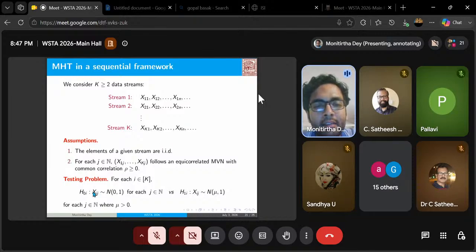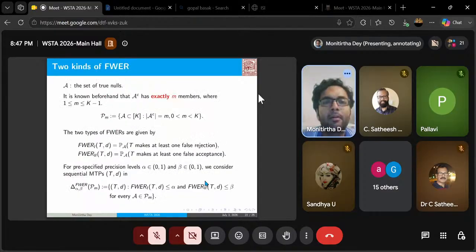And the underlying testing problem is whether the ith row is coming from a normal with mean 0, or whether the ith row is coming from a normal with mean mu, where mu is strictly positive.